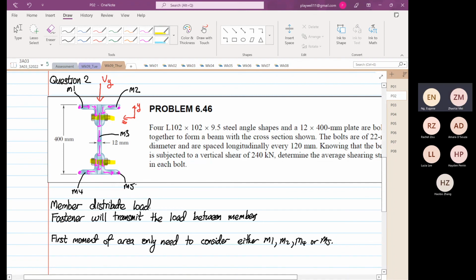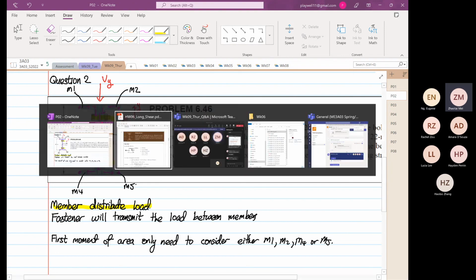I just cannot understand why it's not a main web, because for question number 2, that would be the flange one and the middle one, right? Question number 2 from the homework.